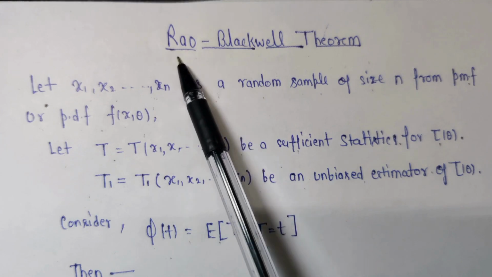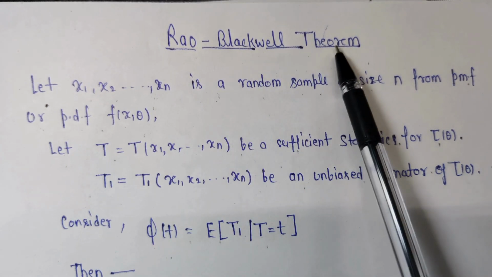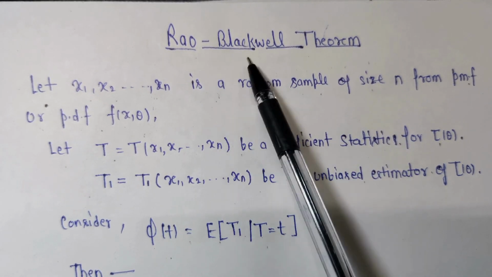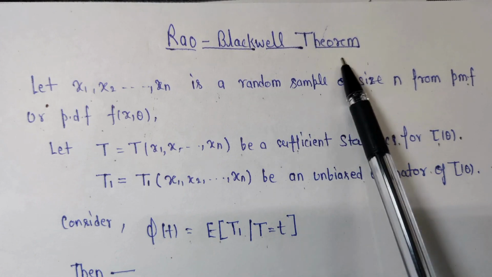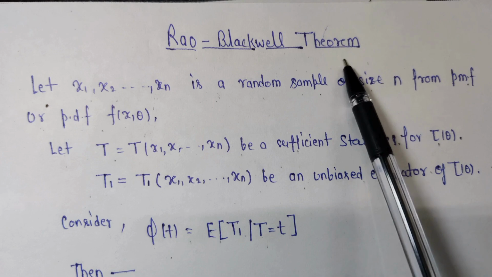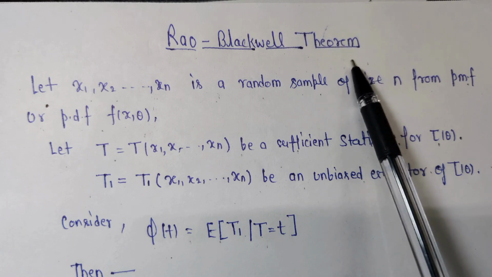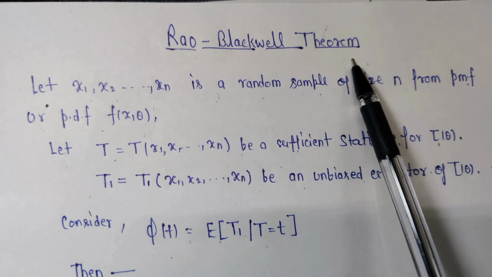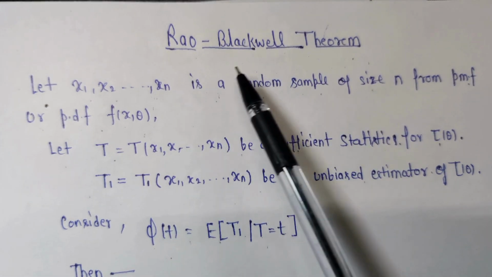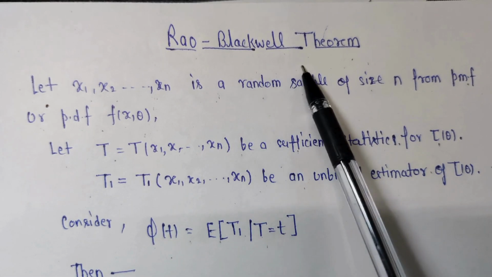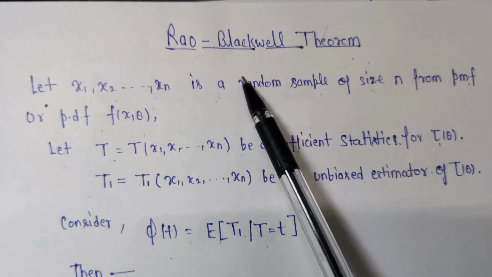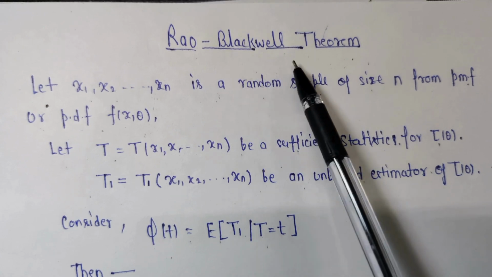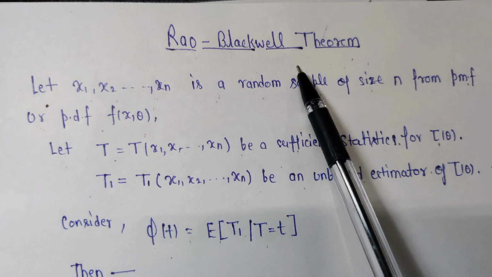And the Rao-Blackwell theorem provides the minimum variance unbiased estimator for parameter theta or function of parameter tau theta. So the Cramér-Rao inequality provides the minimum variance bound, but in the Rao-Blackwell theorem our main objective is to find the minimum variance unbiased estimator.